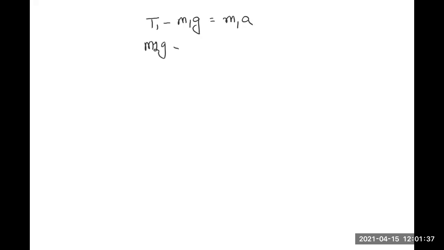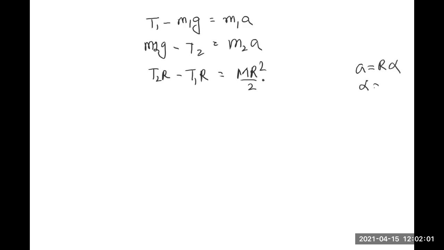M2G minus T2 is equal to M2A. Okay, and then T2R minus T1R is equal to MR square by 2 into alpha. But A is equal to R alpha, so alpha must be equal to A by R. Therefore, I write here A by R. If I do that, R cancels out.